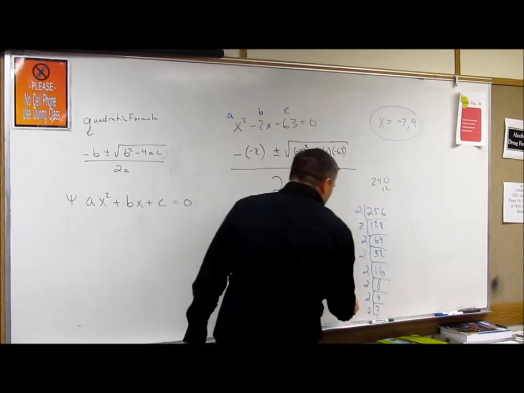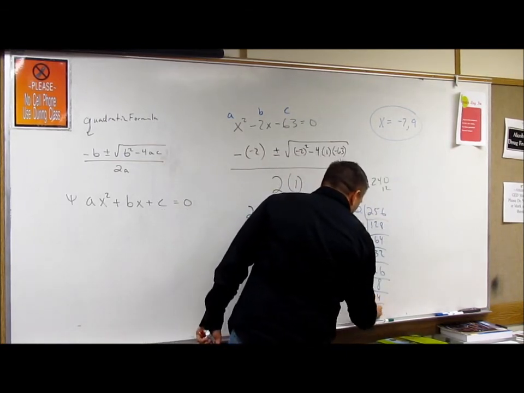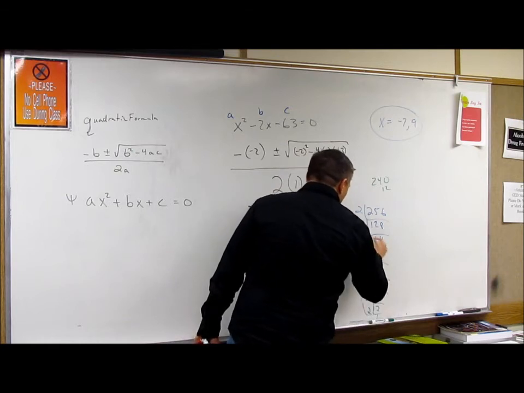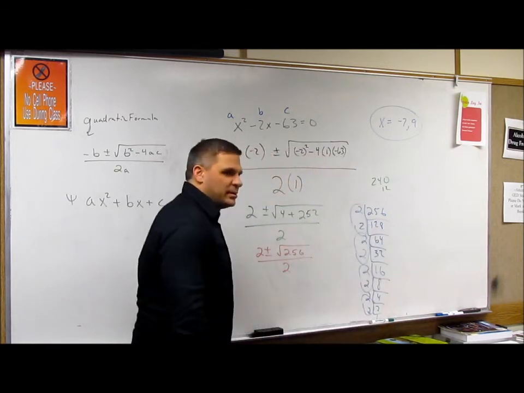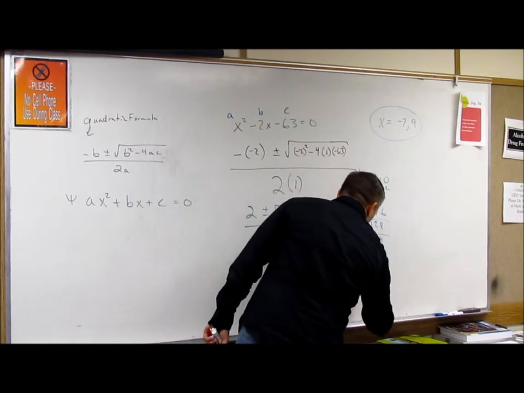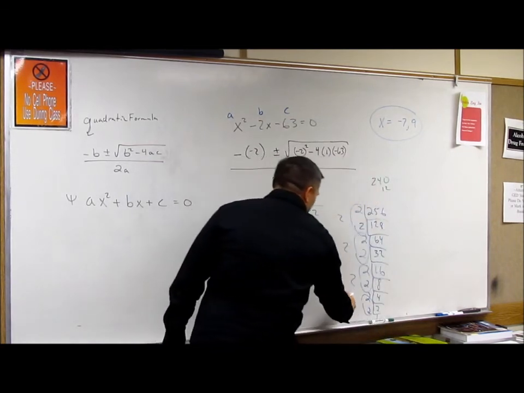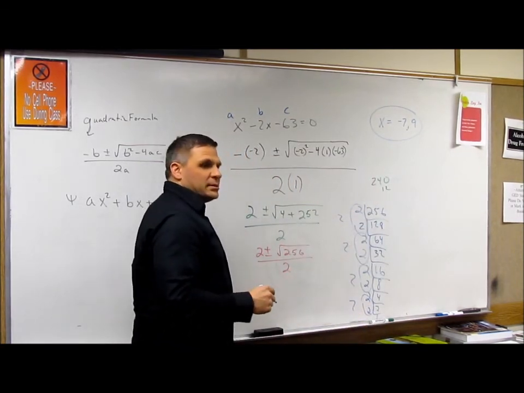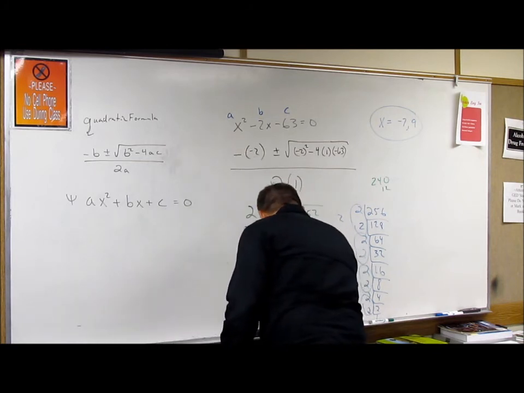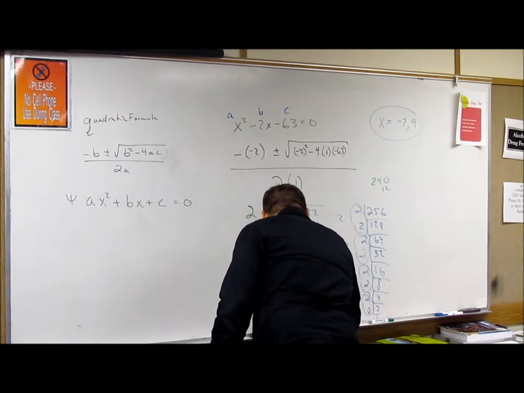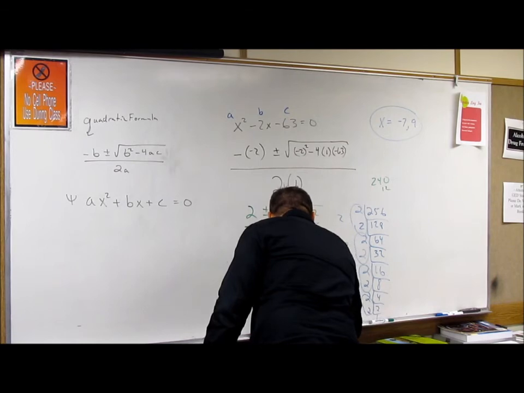So how many of them are there? There's 1 pair, 2 pair, 3 pair, 4 pair. Or 2 times 2 times 2 times 2, which is 8 times 2, which is 16. So now I have 2 plus or minus 16 all over 2.